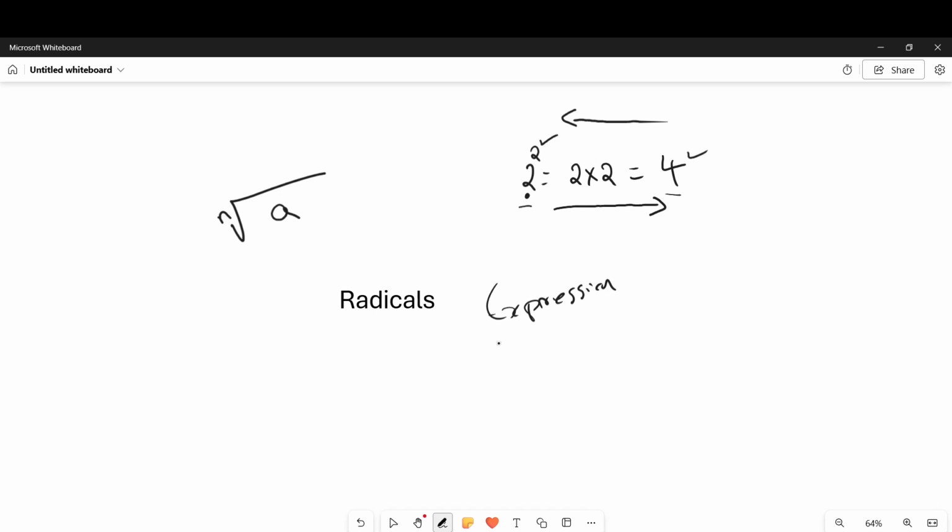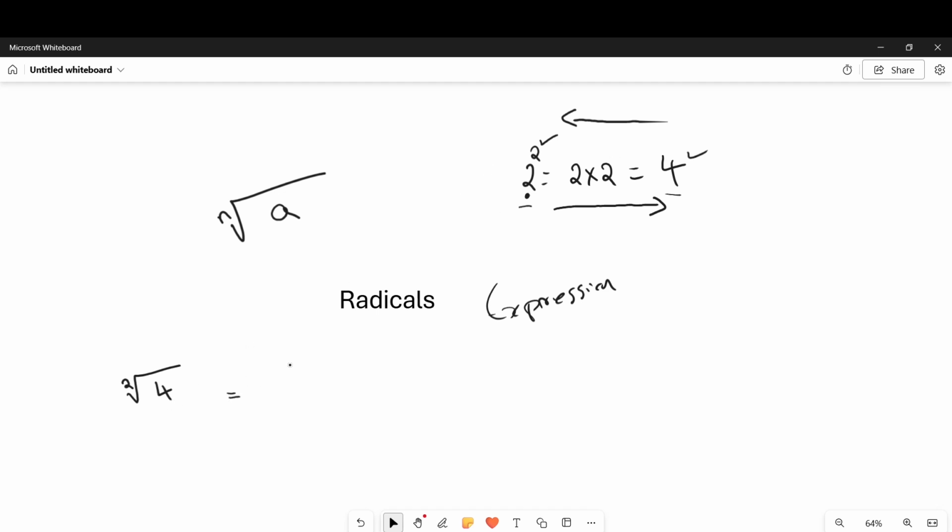So here, let's find the square root of the value 4. The square root, we can write here, the value is 2. This means what number raised to the power 2 gives the value 4. The base value we don't know, so we need to find the base value. That's why we call it going backwards.